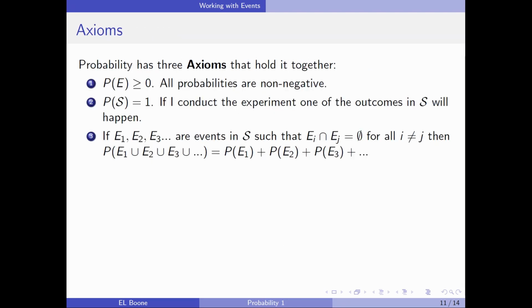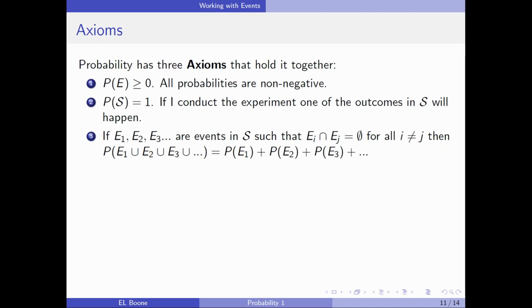All right, so probability is based off of three axioms that hold these things together, and that's the reason we talked about these ideas from the Venn diagram. We'll keep recycling back to these ideas as we go along, but they're pretty easy to think about here. First, the probability of an event is greater than or equal to 0, which means it's not going to be negative.